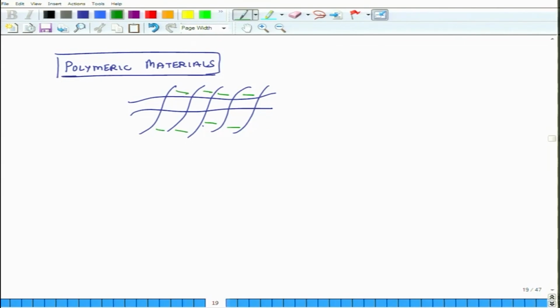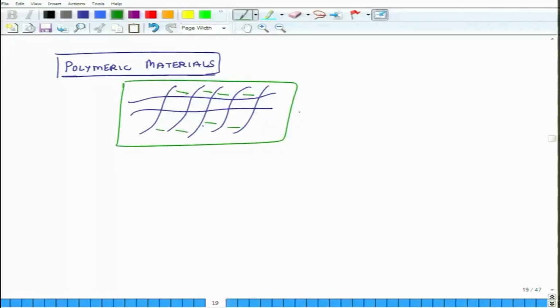This is the overall material, made up of a crisscross of a lot of chains, connected to each other through weak forces. That is how the polymeric material is in the bulk situation.